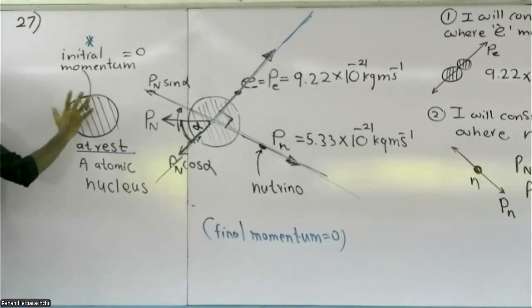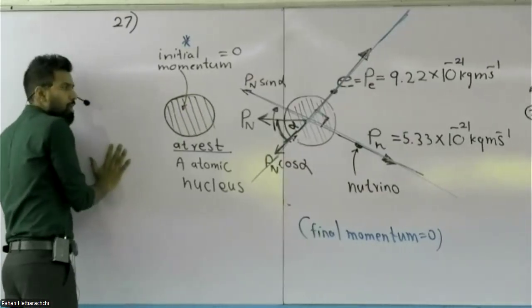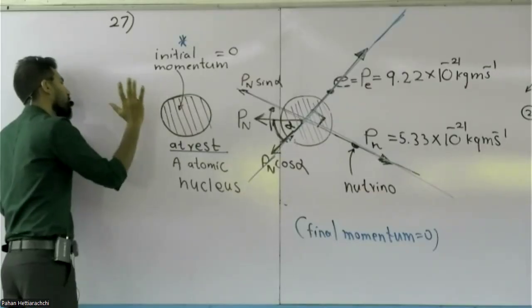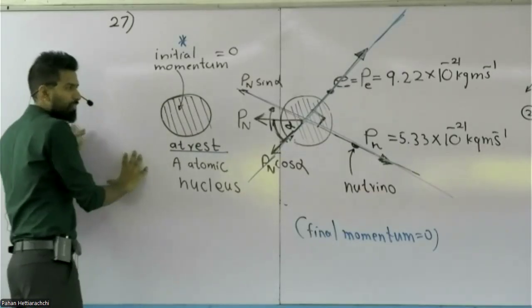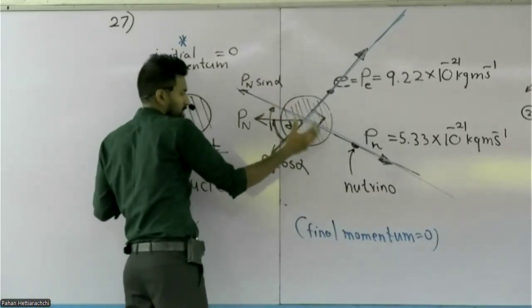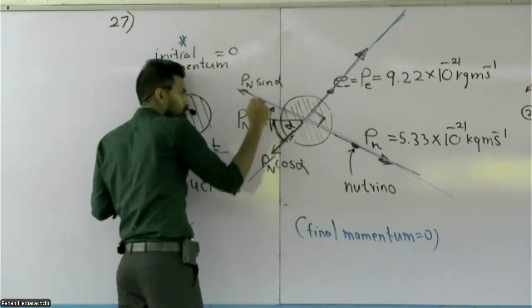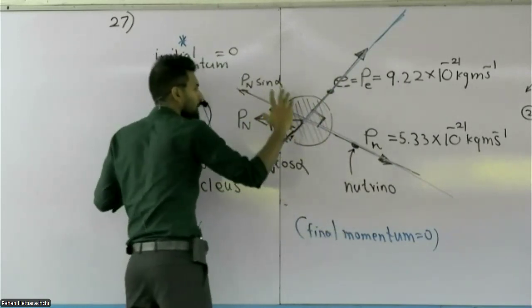Initially, there's an atomic nucleus which is at rest. As it is in zero motion, it doesn't have a momentum. So the initial momentum is zero. After that, due to a certain situation, it's called an atomic decay. What happens? From this nucleus, an electron and a neutrino, both of these subparticles, are emitted.